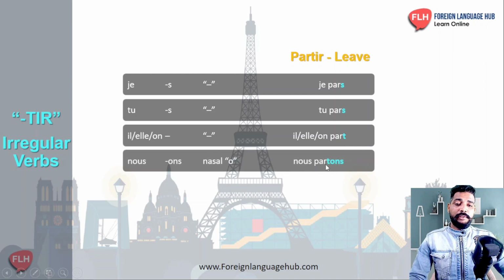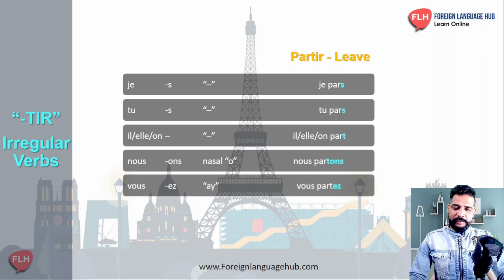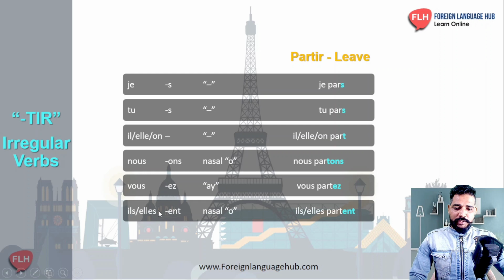Now you see the T is involved here, and the stem appears as the standard one, the way we have learned to take out the stem. Then vous partez, and ils, elles partent. So je pars, tu pars, il part, nous partons, vous partez, ils partent. That is the first group of irregular verbs.